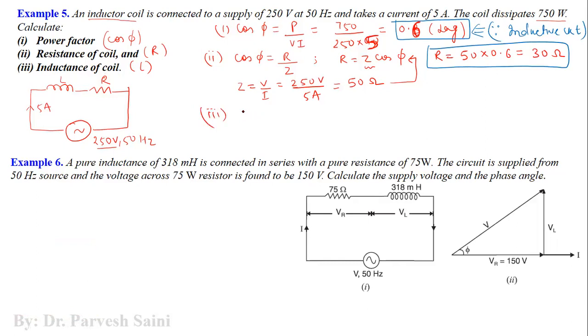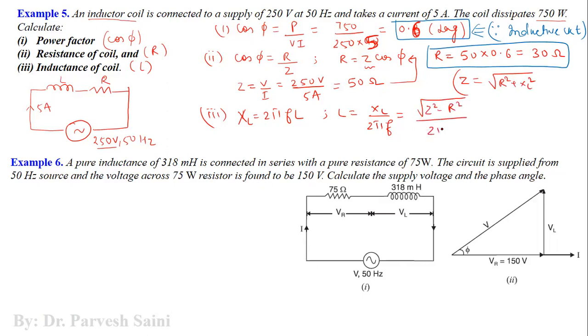So inductance can be obtained. We know that the inductive reactance is equal to 2 pi FL, so from here L is equal to XL by 2 pi F. But XL, as we know that the impedance is equal to under root R square plus XL square, so XL is under root Z square minus R square.